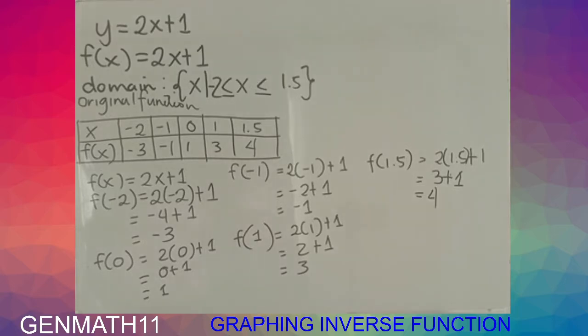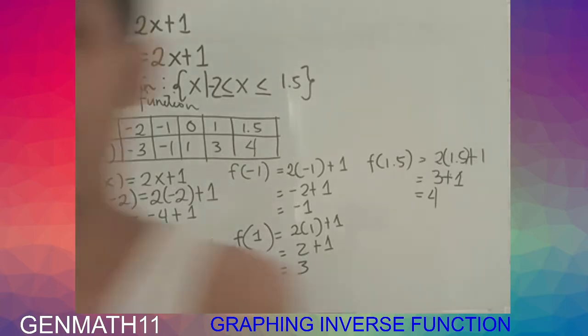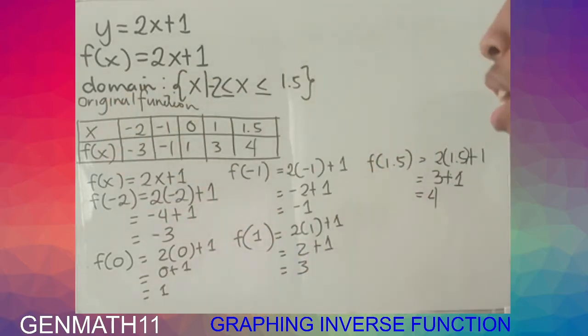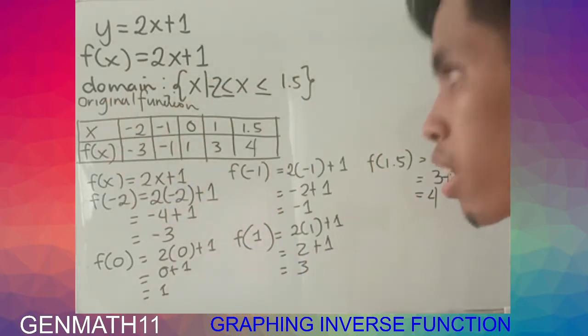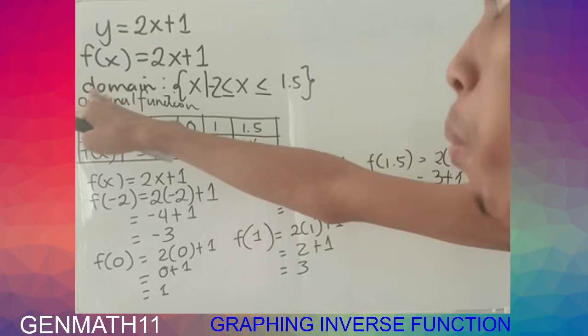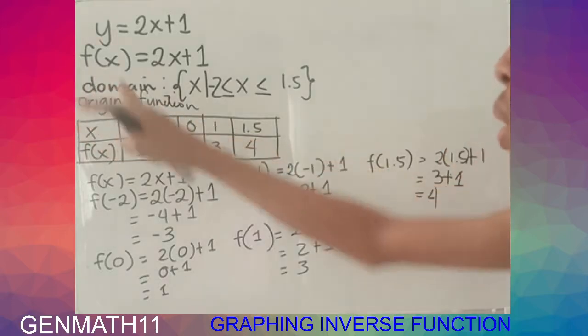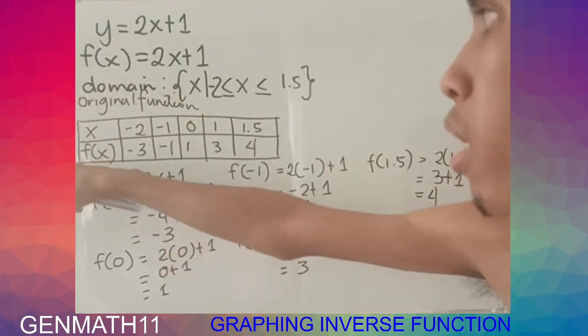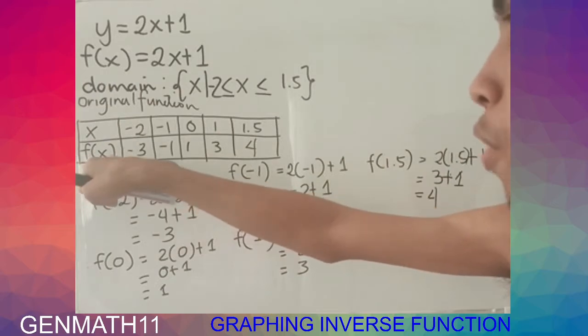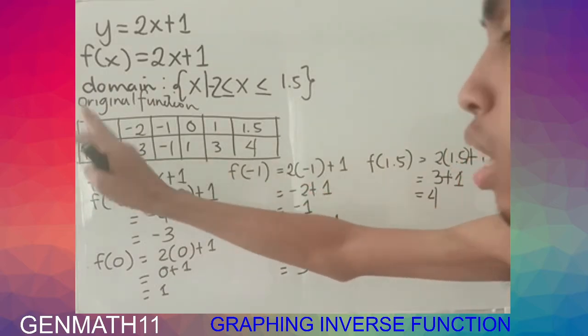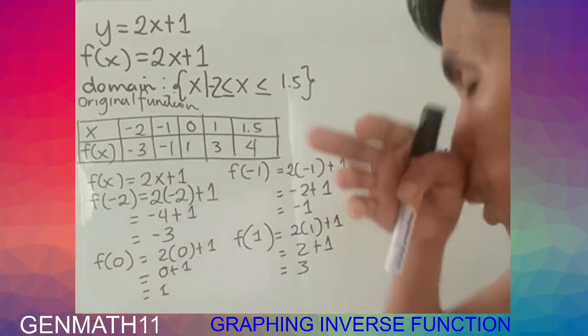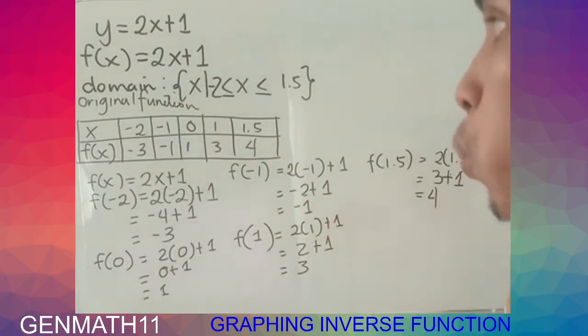Okay. So, nakita na natin or nasolve na natin yung range natin. So, based on the problem, hahanapin daw natin yung range ng mismong function natin or the original function. So, saan tayo magbabase? Dahil ang ating domain is a restricted domain, we will base on the values of the range we used.